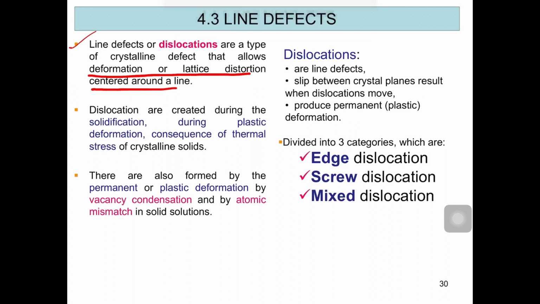But the line defect, a type of crystalline defect, allows deformation or lattice distortion centered around a line. One is a distortion centered around a line, one is distortion of an atom. You have to compare the line and point.